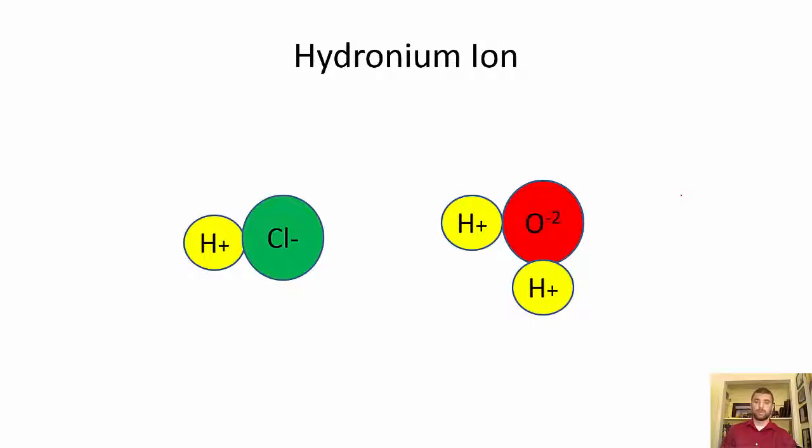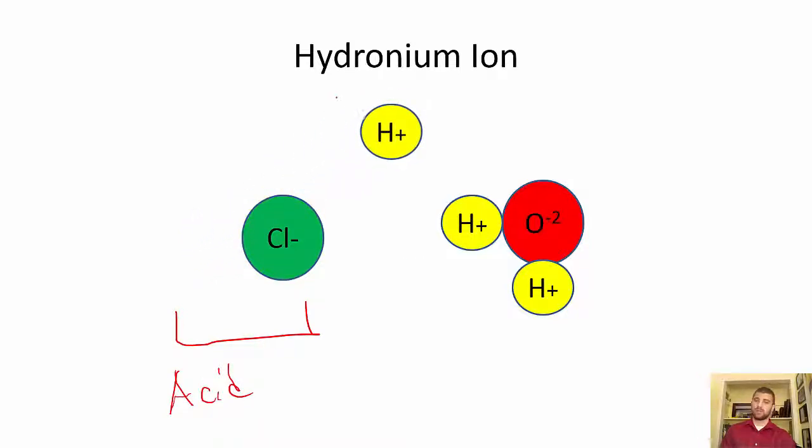So what is this hydronium ion? We have HCl here, which is an acid, and it is going to give off that H+. It flies off, and we get an H+ in solution. That H+ is attracted to the oxygen in the H2O, so it will bond to the oxygen, making this ion.